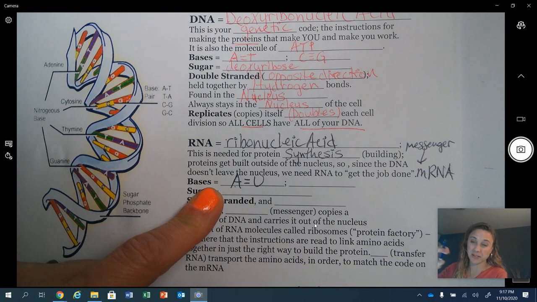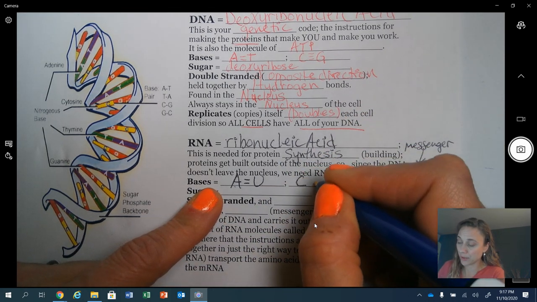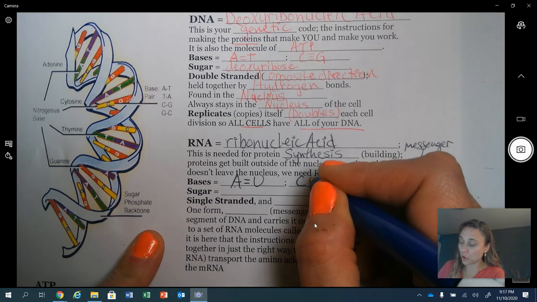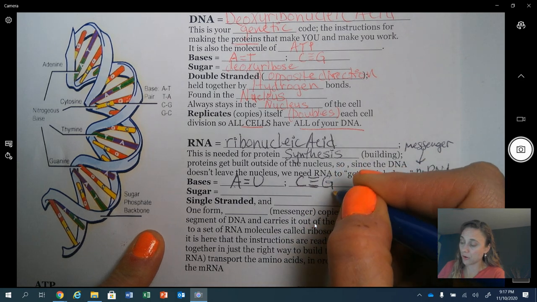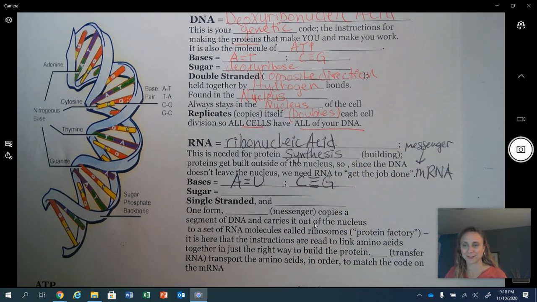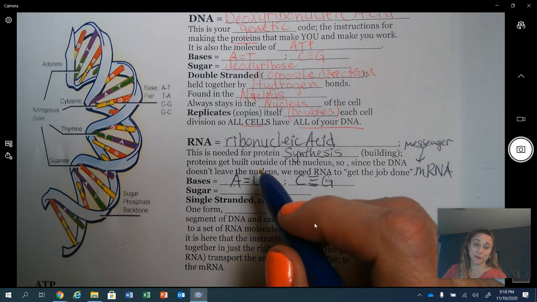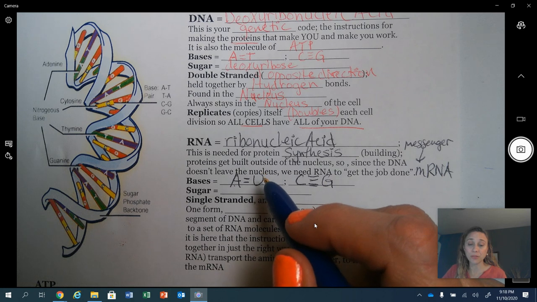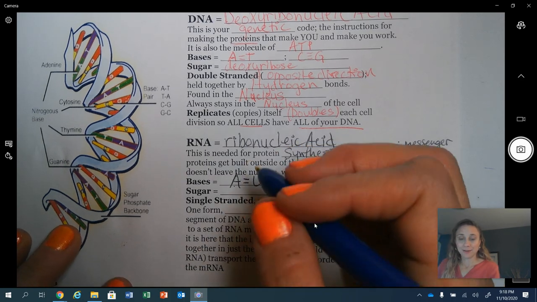It creates an opposite copy of the DNA strand that it's getting the message off of. And then if there was a cytosine, there'd be a guanine in the mRNA, and if there's a guanine on the DNA, there would be a cytosine in the mRNA. Now, if there was a thymine, then it would have been an adenine on the mRNA. So we still add the adenine for the thymine.